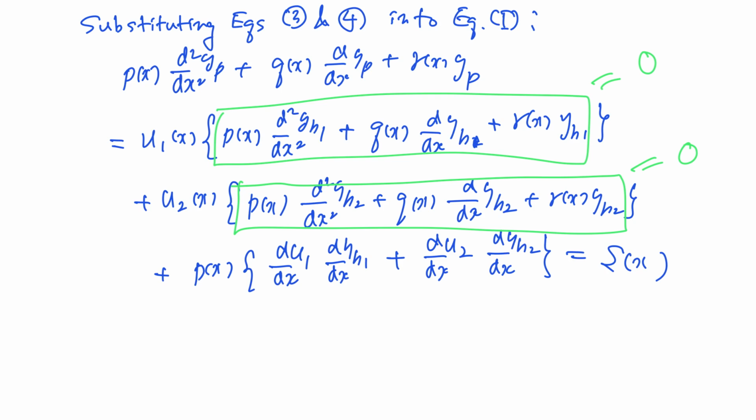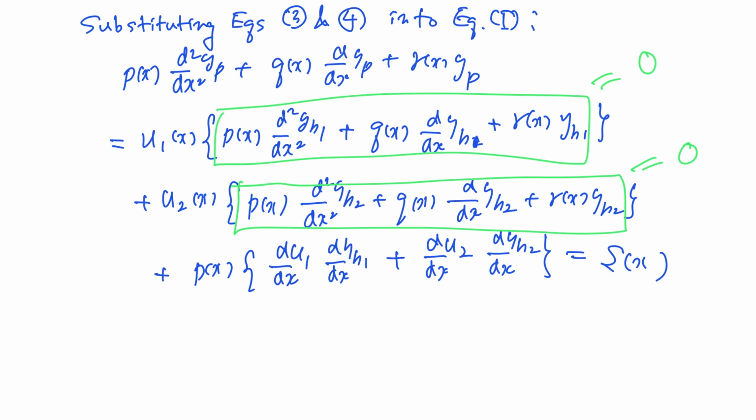Because both y_h1 and y_h2 are solutions of the homogeneous differential equation. So these two must be 0.